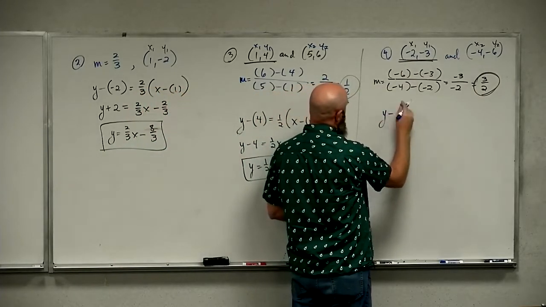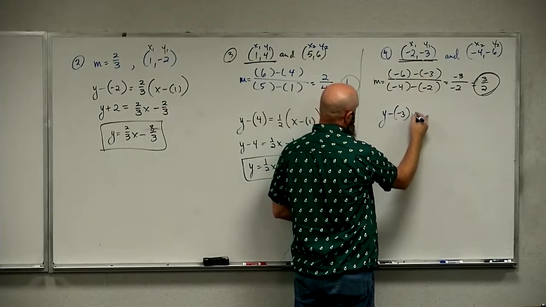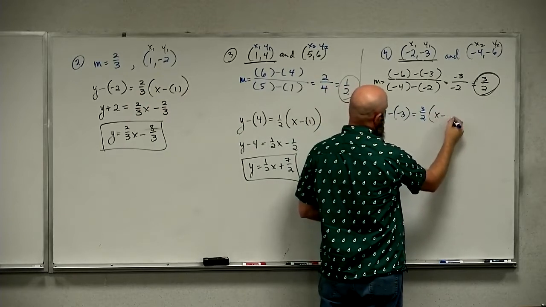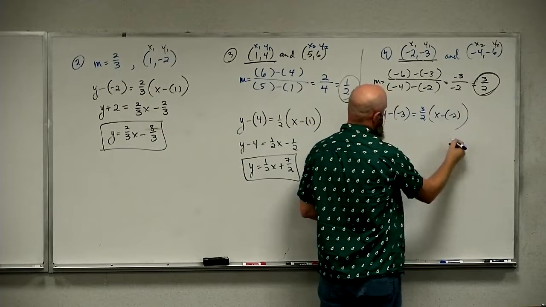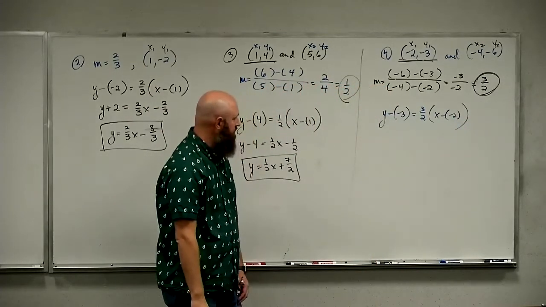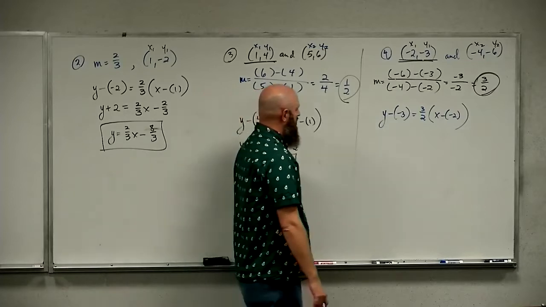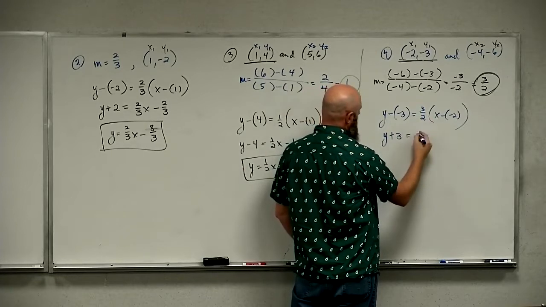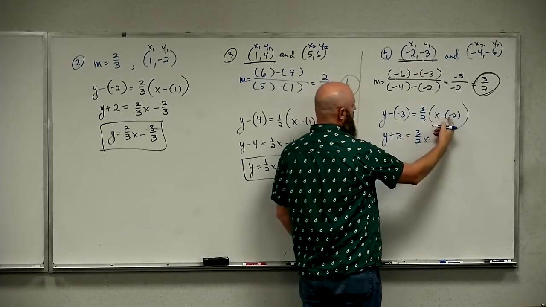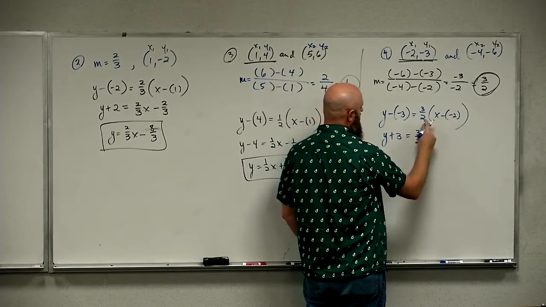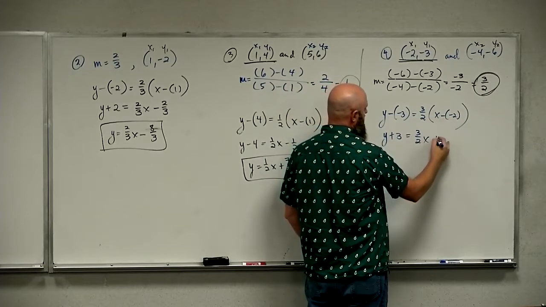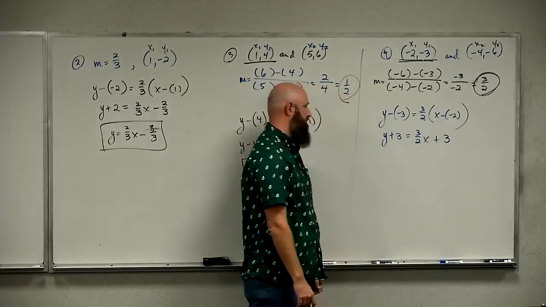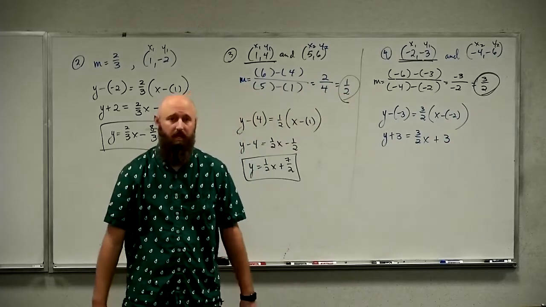All right, so y minus -3 equals 3 over 2 times x minus -2. All right, so this becomes y plus 3 equals, we're going to distribute here, so 3 over 2x. And we got to remember this double negative really means plus. So 3 over 2 is positive. This is going to be positive, so plus. And 3 over 2 times 2 is just 3. Because it becomes 6 over 2, which reduces to 3 for those.